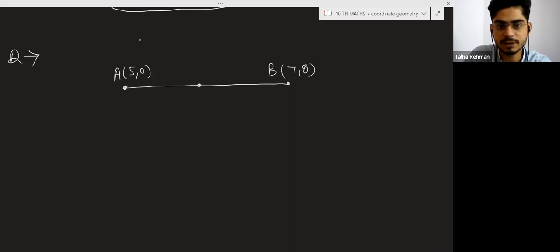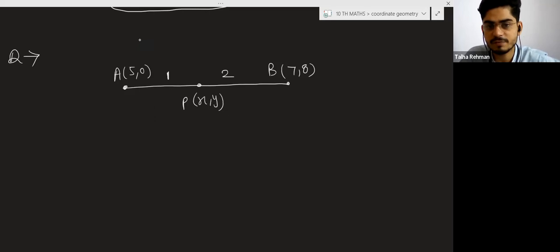This line AB is divided in ratio 1:2, and we have to find this point. Suppose this is a point P (x, y), which divides this line AB in 1:2.